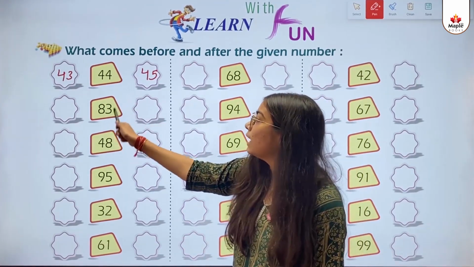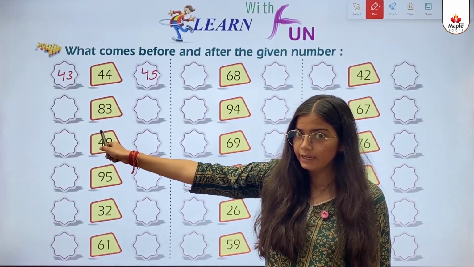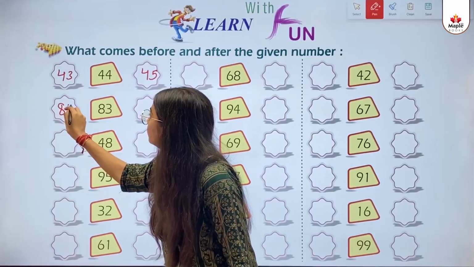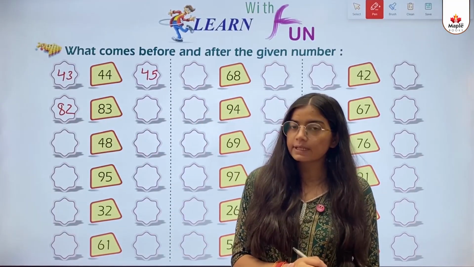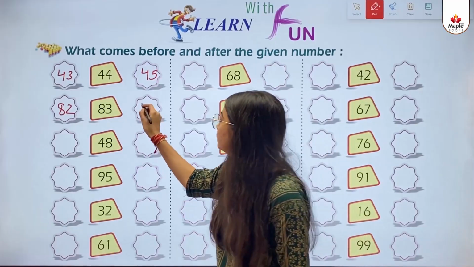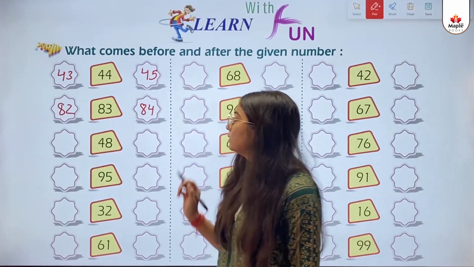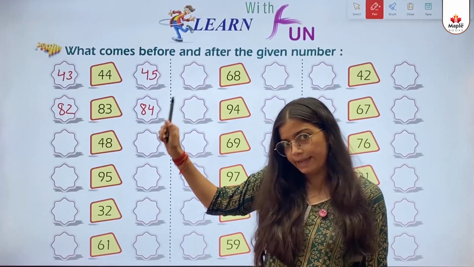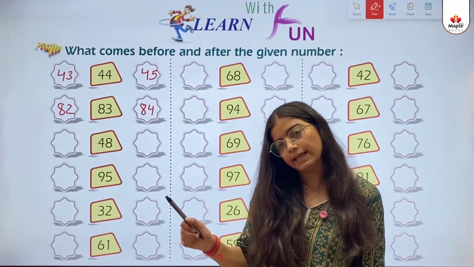What comes before 83? That is 82. Then what comes after 83? That is 84. Then what comes before 48? That is 47.